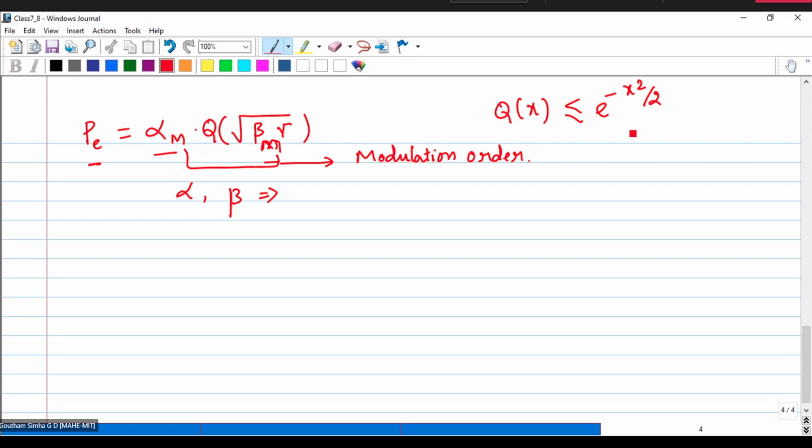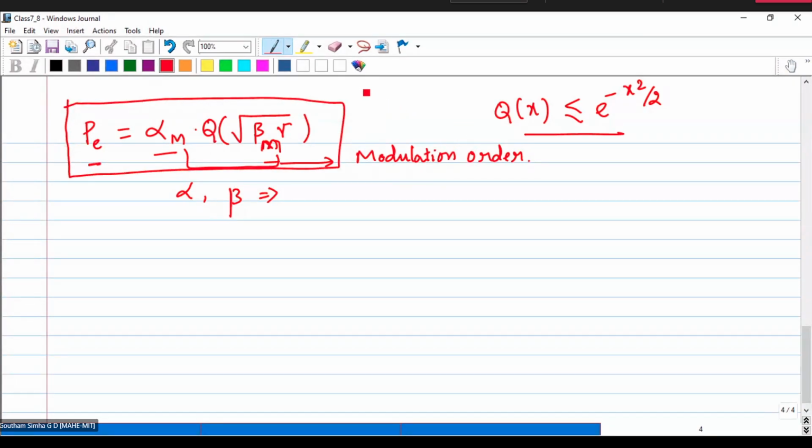That's what she says in her book, Andrea Goldsmith. For static channel gains with maximal ratio combining, you can approximate this to this equation. Now remember, this has to be a static fading, that is, a static channel with MRC.